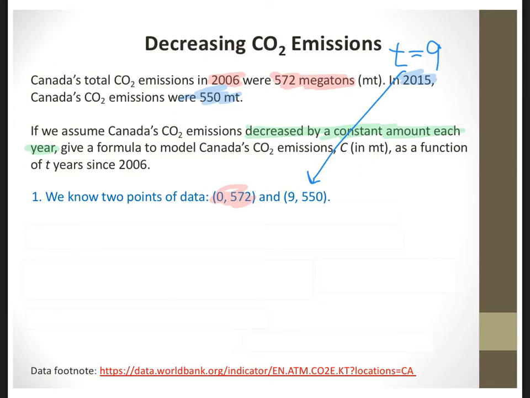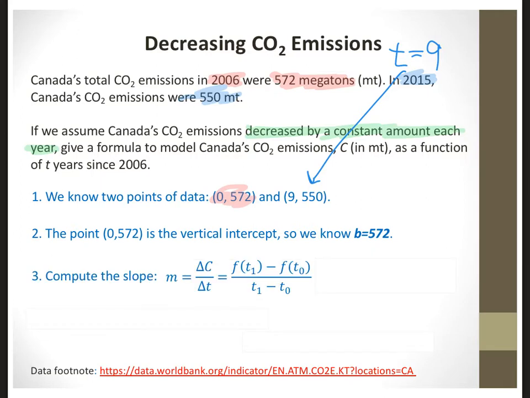So now that we've got 2 points, the next thing that we can do is find the vertical intercept, in this case, because one of those points happens to be the vertical intercept. So we know what the parameter b is going to equal. B is going to equal 572. And the other parameter that we need for the linear model is going to be the slope m.